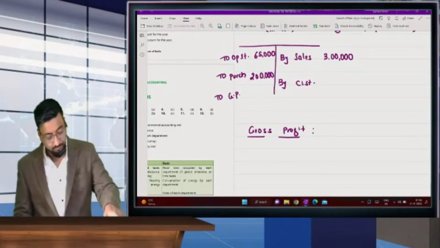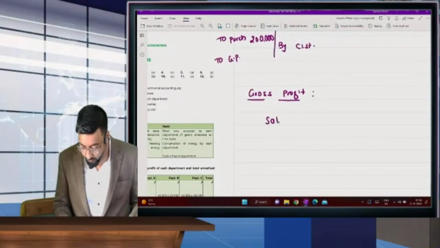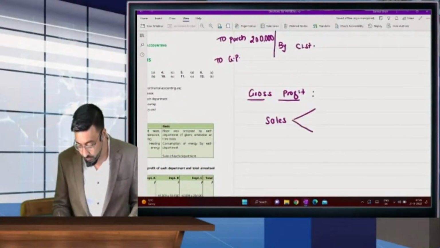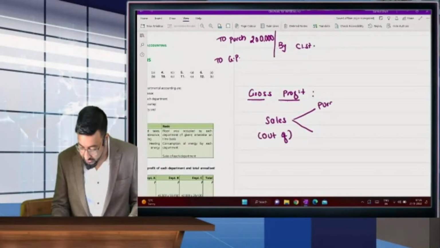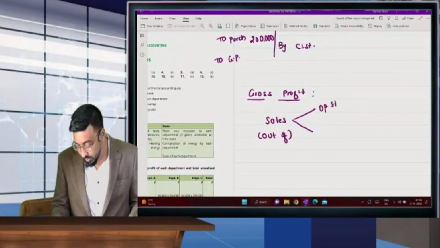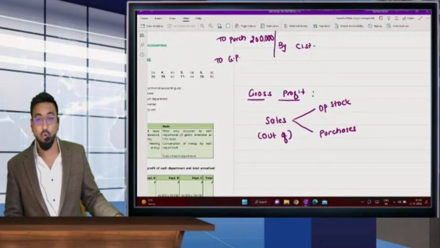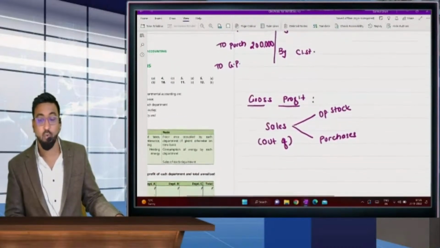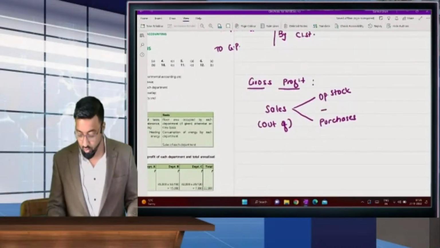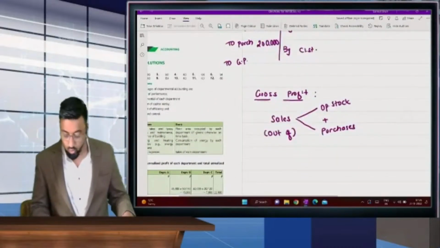See beta, now whatever you sold is out of opening stock and purchases. Correct? Whatever you sold is out of opening stock and out of purchases.